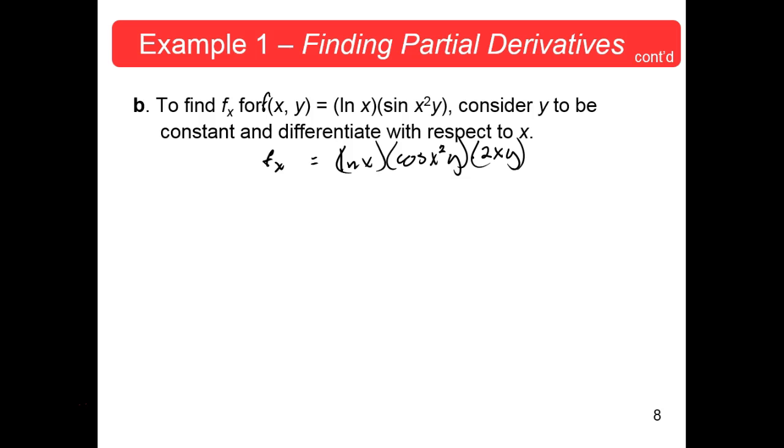So that's the first part of the product rule. The first times the derivative of the second with respect to x, then it's plus, what's the second part? Derivative of the first, and what's the derivative of log x?